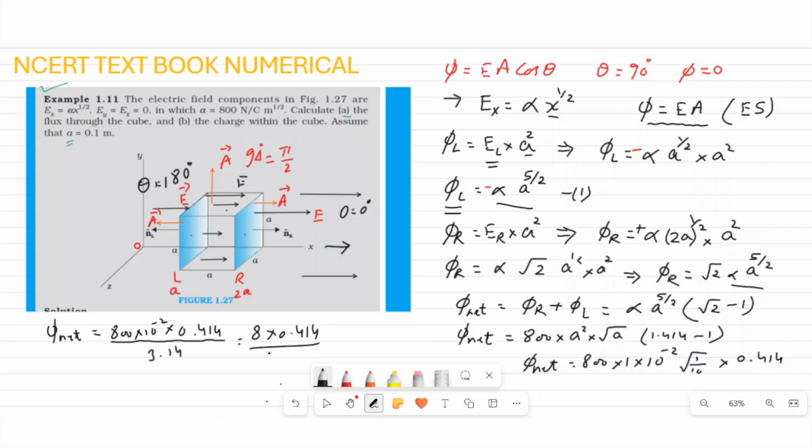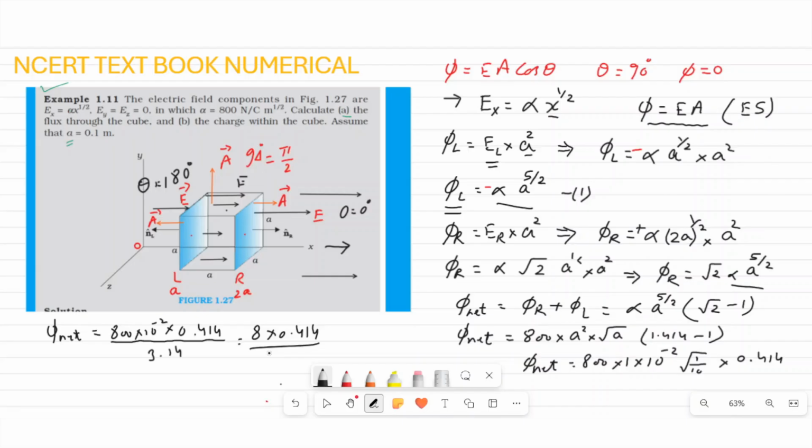This is the answer of the A part, answer A. Now charge, total charge. According to Gauss's theorem, net charge is equal to net flux multiplied by epsilon naught.